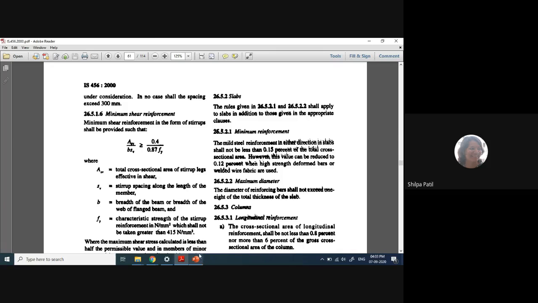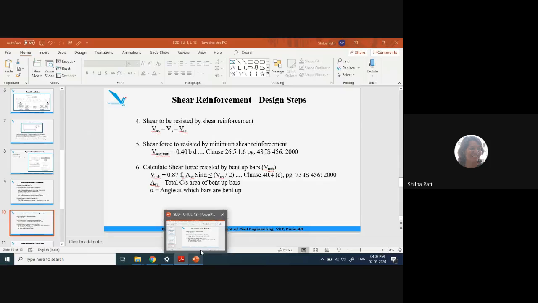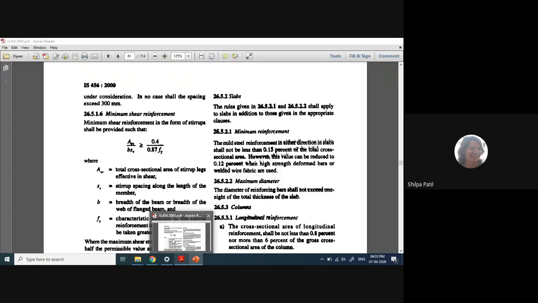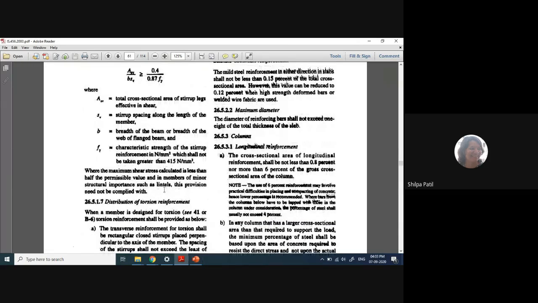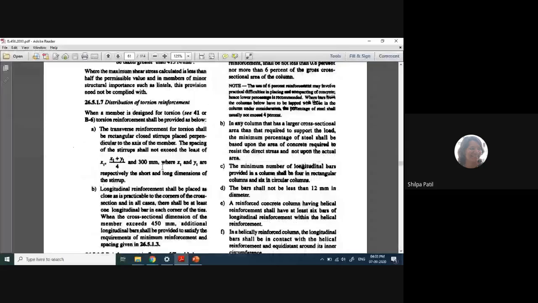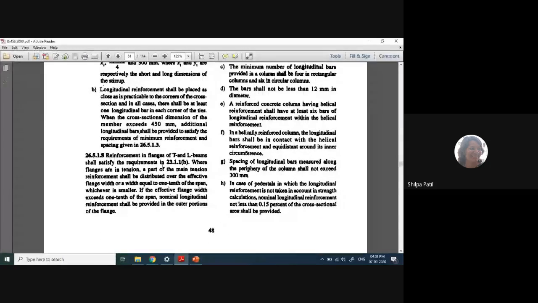So what is the formula for minimum shear reinforcement? It is given over here as 0.4 BD. Okay, where is that formula? 0.4 BD, minimum value.